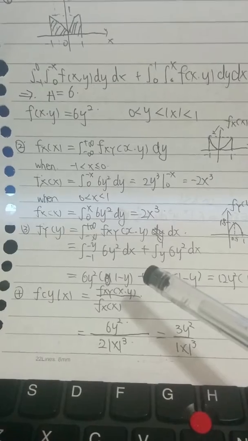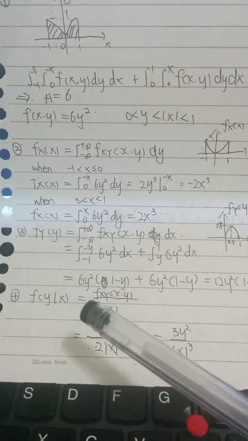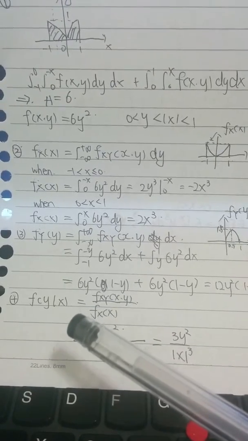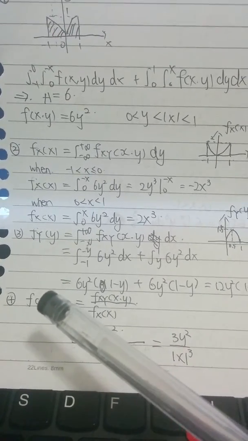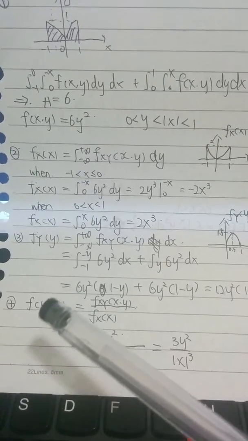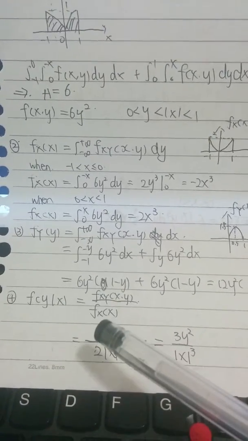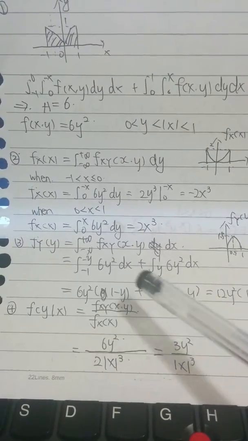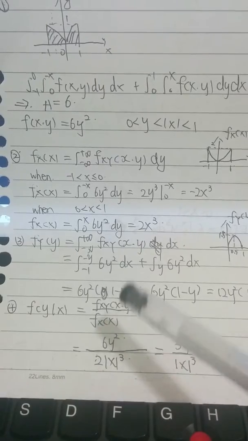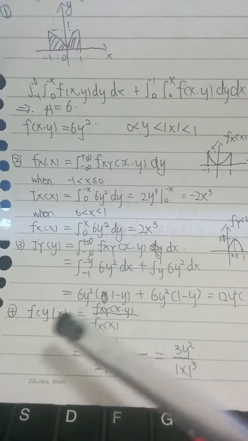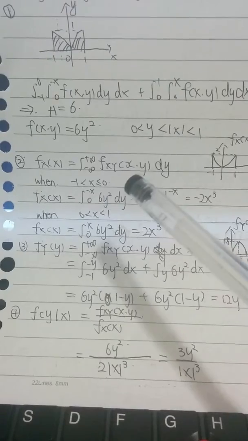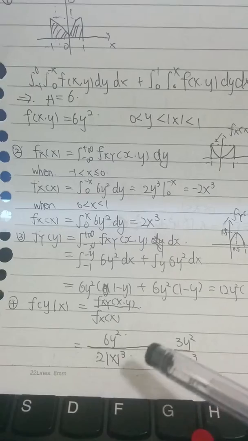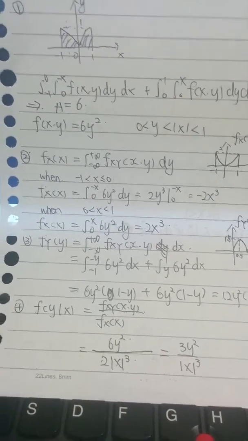The next question is to calculate the conditional density function of y when x is given. From the equation, I can get this equation, and introducing the previous outputs into it, I can get this conditional density function.